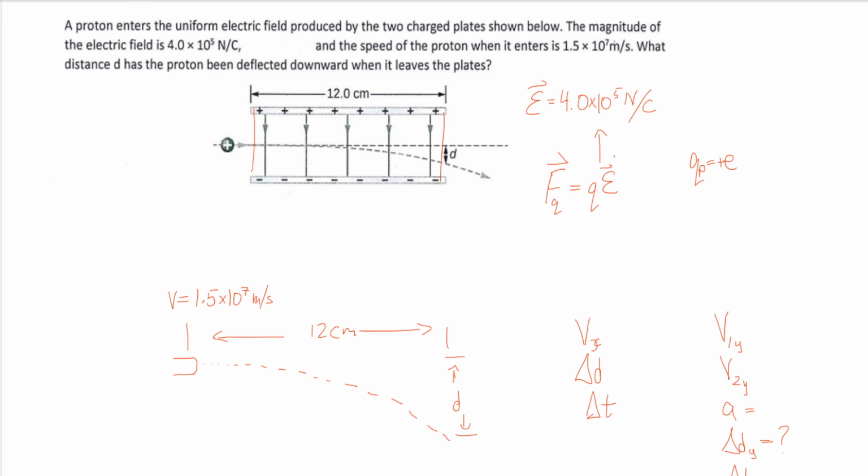So we can say FQ is equal to F net, which is equal to MA. And I think honestly you're going to have to use the mass of the proton. Okay. And then we can solve for acceleration. And then what?